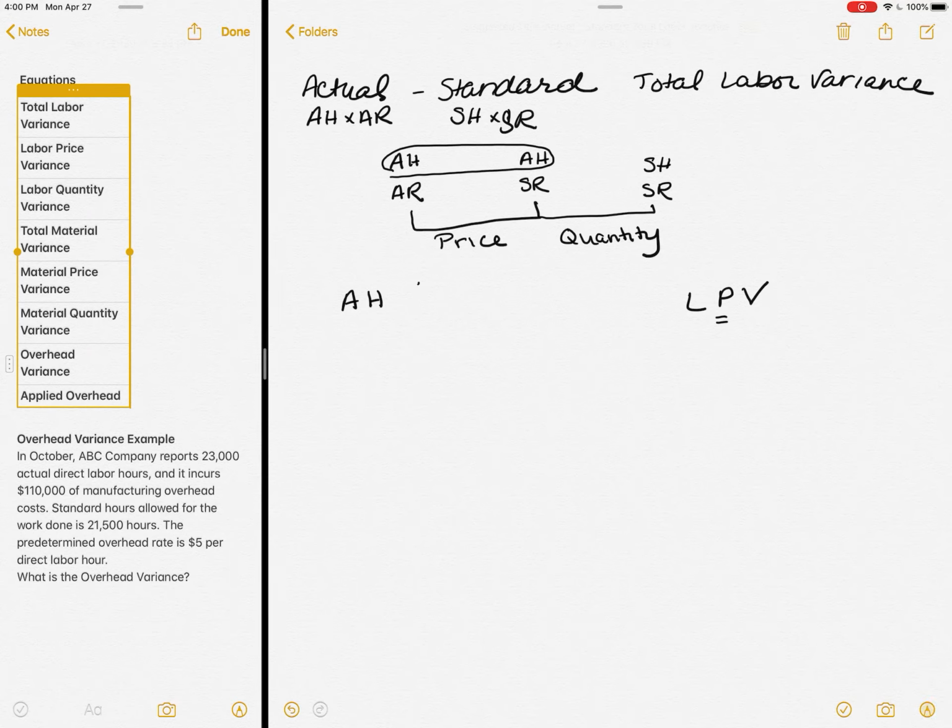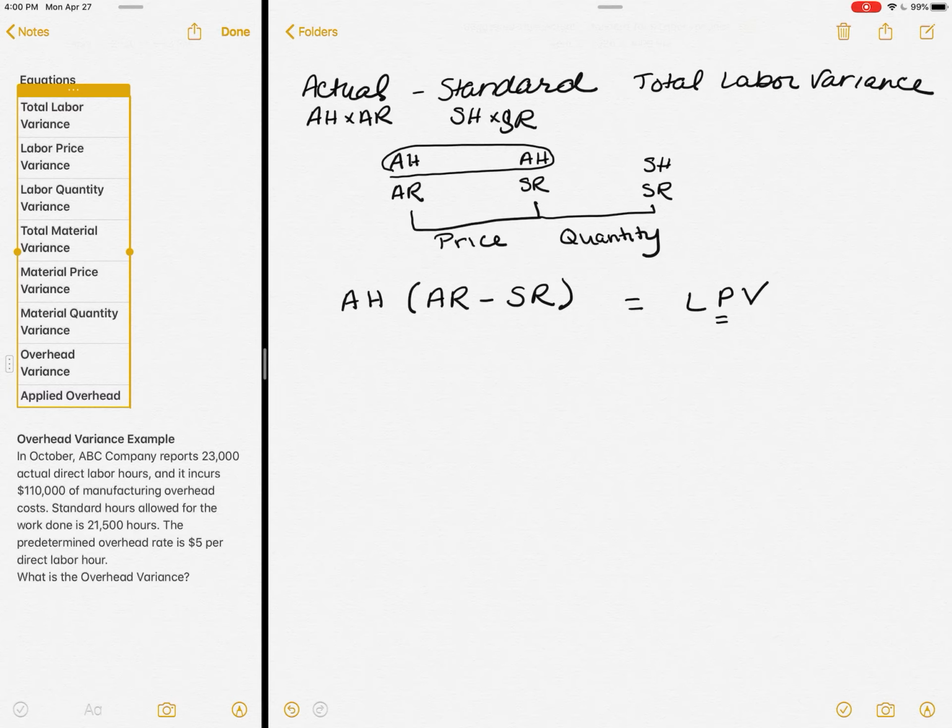And we're going to multiply that by the difference in our actual rate minus our standard rate. And that's going to equal your labor price variance. One way to remember that is we're looking for price, and labor, our price is what we pay, so we're comparing our rates and timesing that by our actual hours.